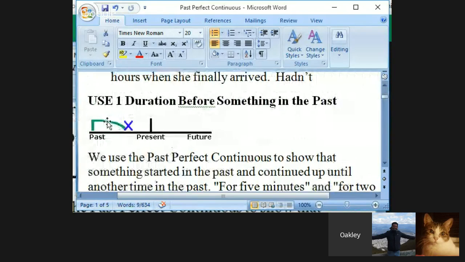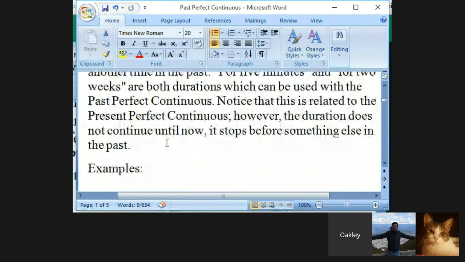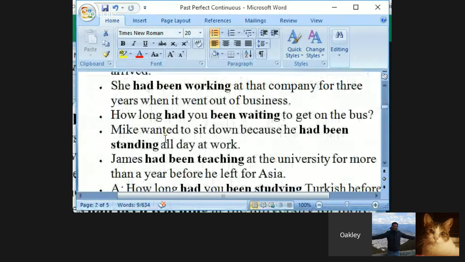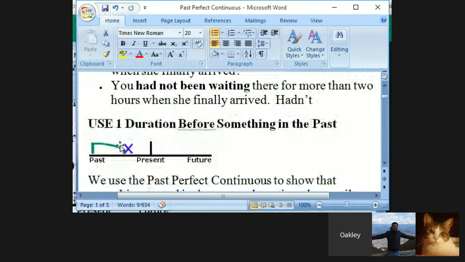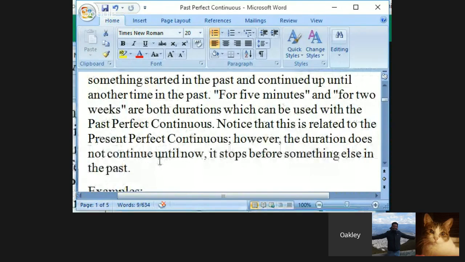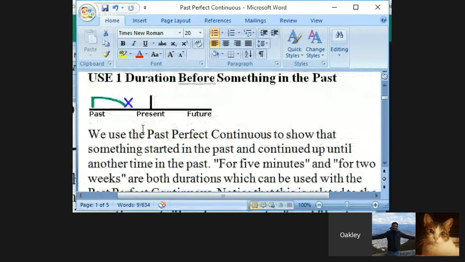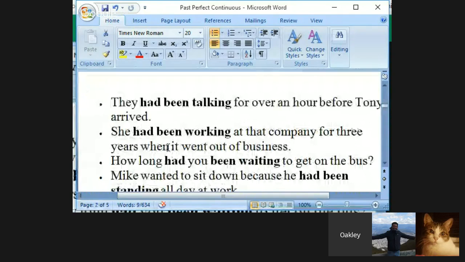What that means is that green line might continue past the X. Maybe you went back to studying. The difference is with past perfect continuous, this green line cannot continue after. It ends when the other thing happens.